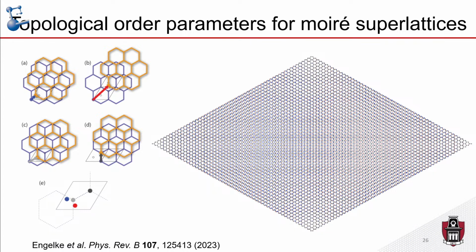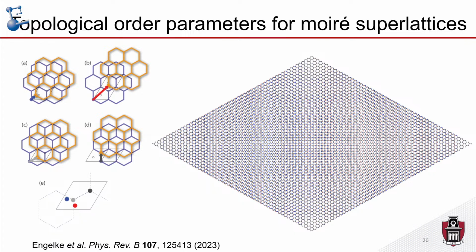Then Engelke and collaborators define their topological order parameter in analogy with U. It's basically U. The lattice here is not square, but it's this diamond. But again, the idea is that you have the 2 lattices. The displacement will be 0 when they sit on top of one another. That will be an AA configuration.